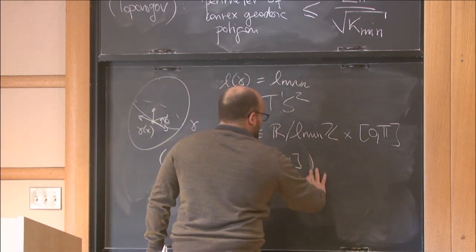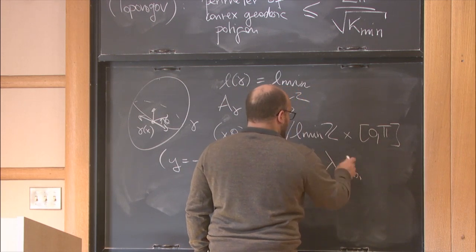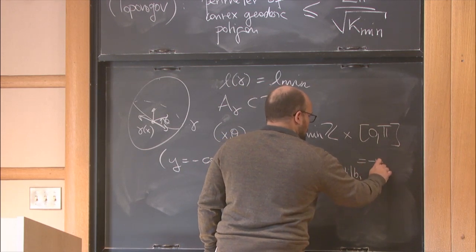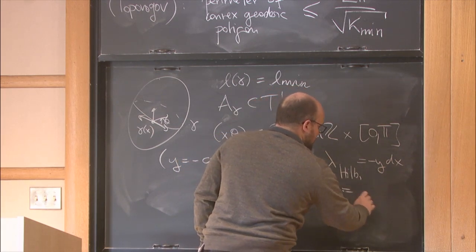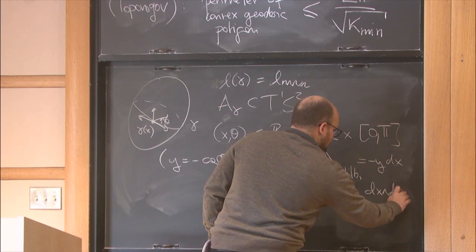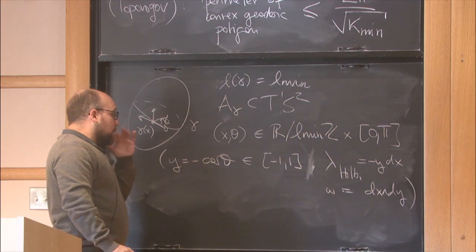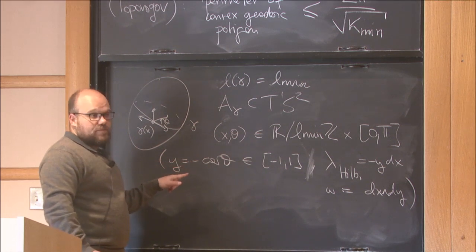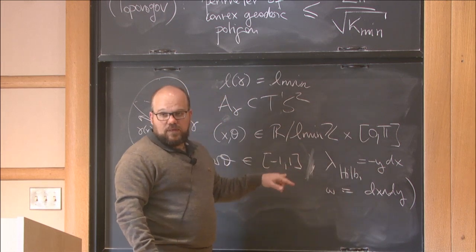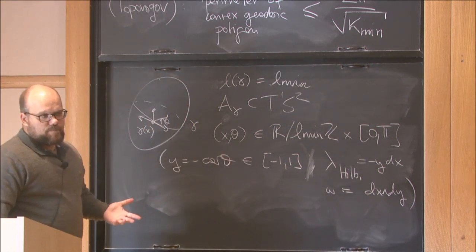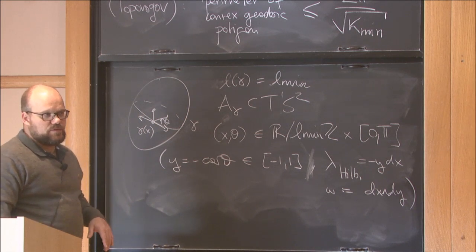Then the Hilbert form on the Birkhoff annulus is equal to minus x dy, and omega, the area form, is dx dy. You can do this. The price you pay is that this is a smooth map from this annulus to the same annulus cross (minus 1, 1) instead. But it's a smooth map. It's a homeomorphism, but it's not a diffeomorphism. The inverse is not smooth.